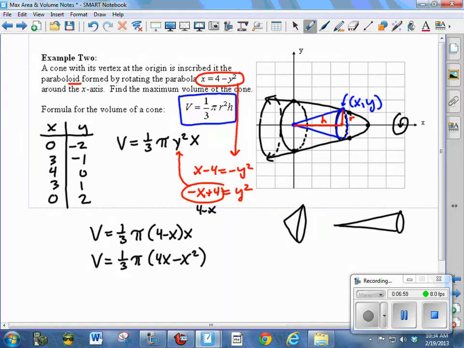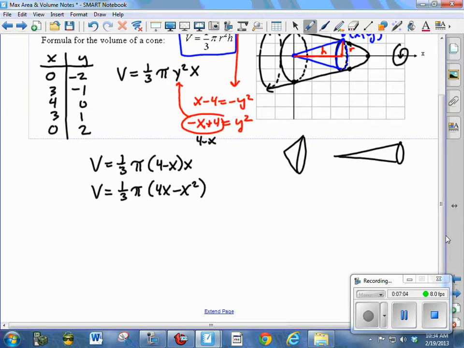And I could distribute again if I want to, but that's sufficient for our purposes. So now I want to find the maximum volume. So I want to make a graph where x is on the x-axis and volume is on the y-axis. And that's going to go up and come down probably in some way. And I want to find that maximum volume, and where does it occur? What value of x does that occur at?